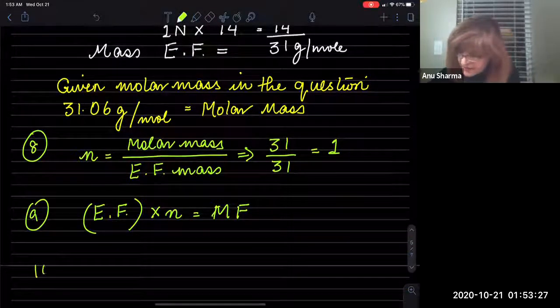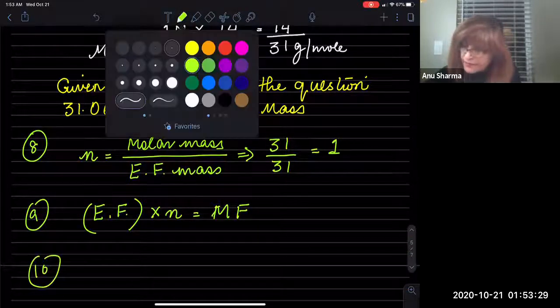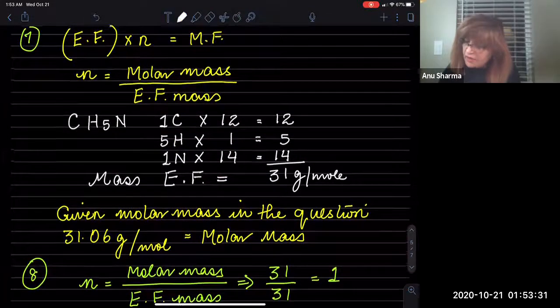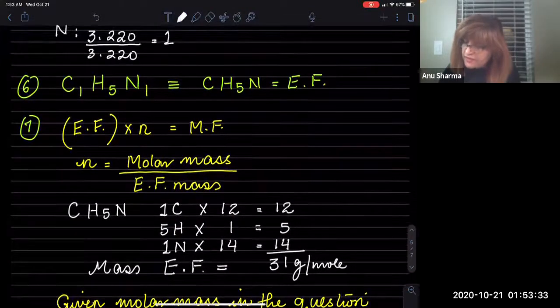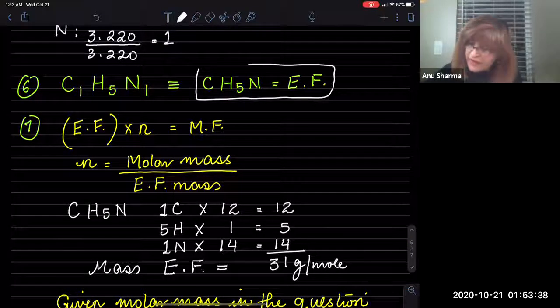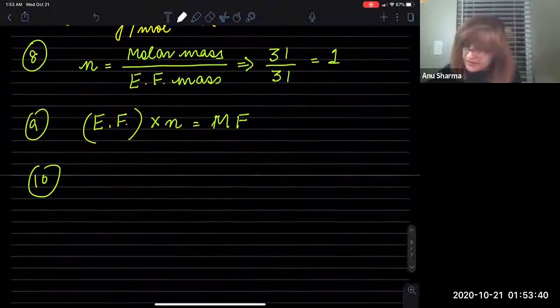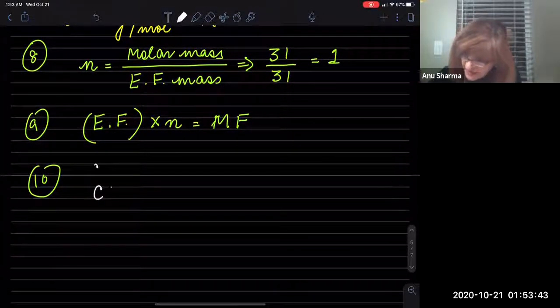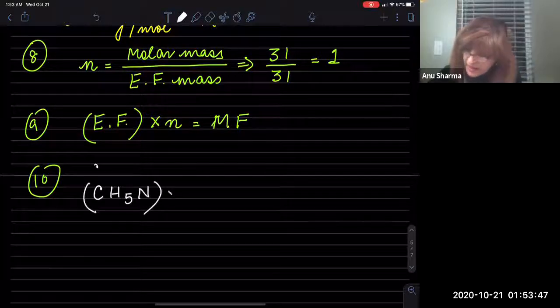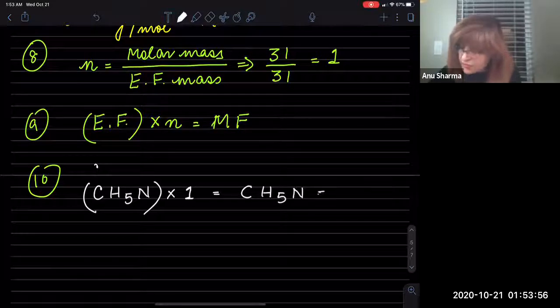We have CH5N, which was the empirical formula, CH5N times 1. CH5N times the value of N, which is 1, is equal to CH5N. So this is also the molecular formula.